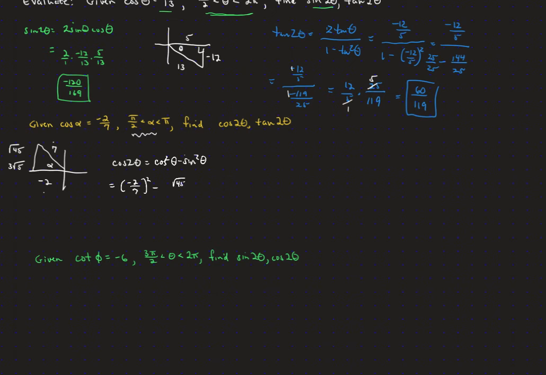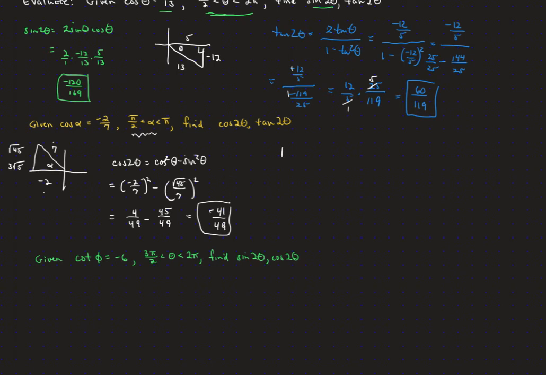So square root of 45 over 7 squared. So that's going to be 4/49 minus 45/49. So I guess that's going to be a negative 41/49 for our cosine 2 theta.